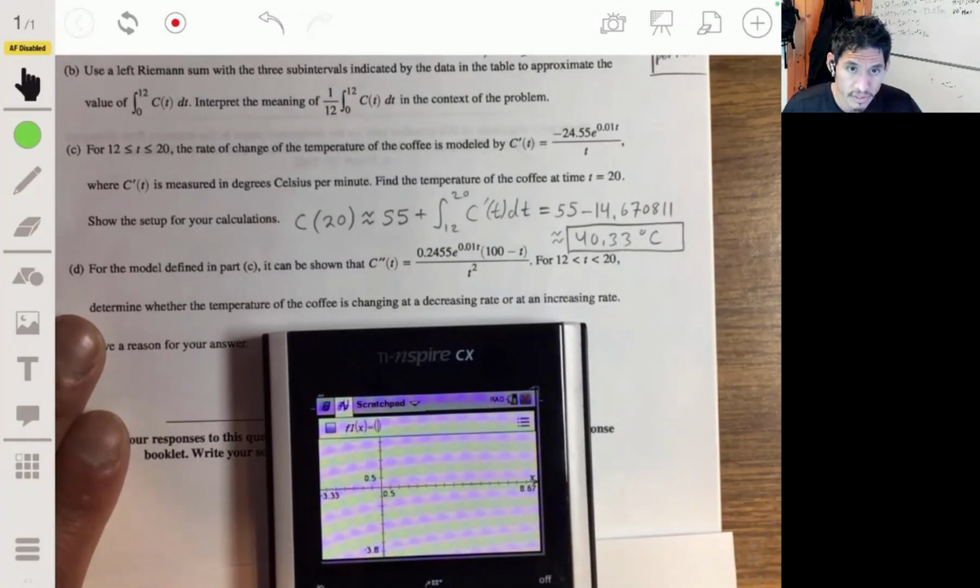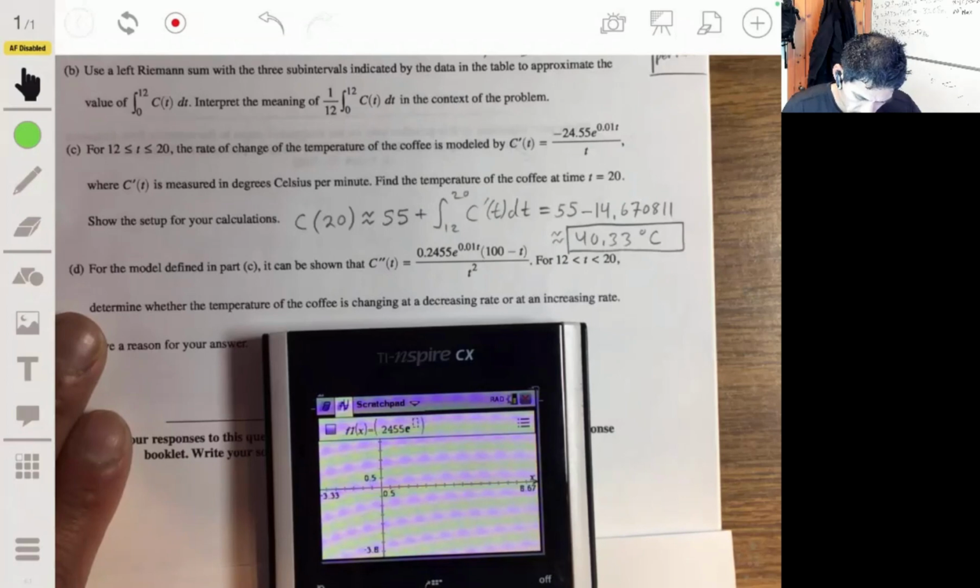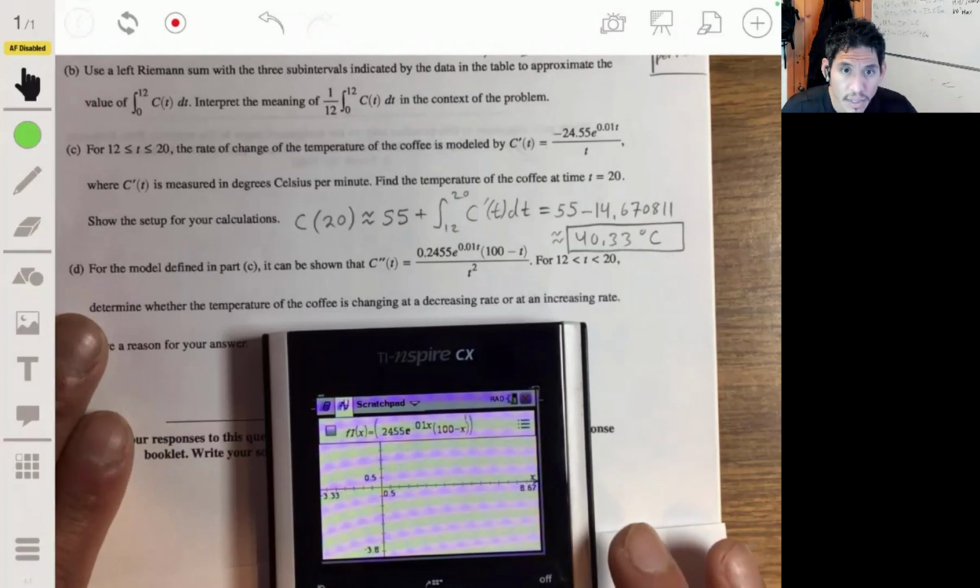On top, we're going to have 0.2455 e to the 0.01 x times 100 minus x.